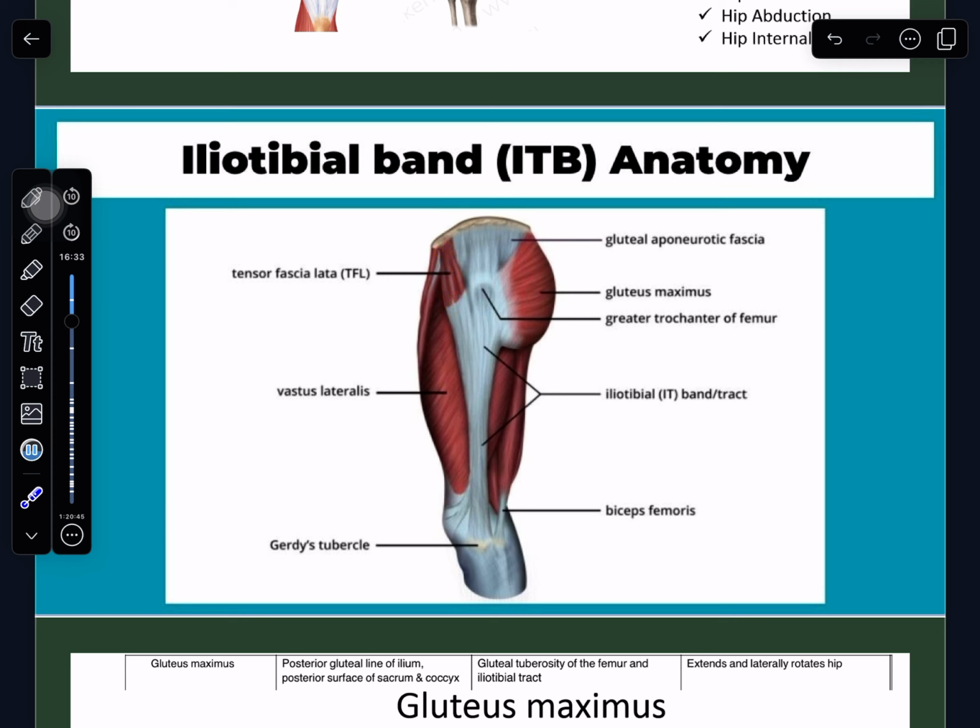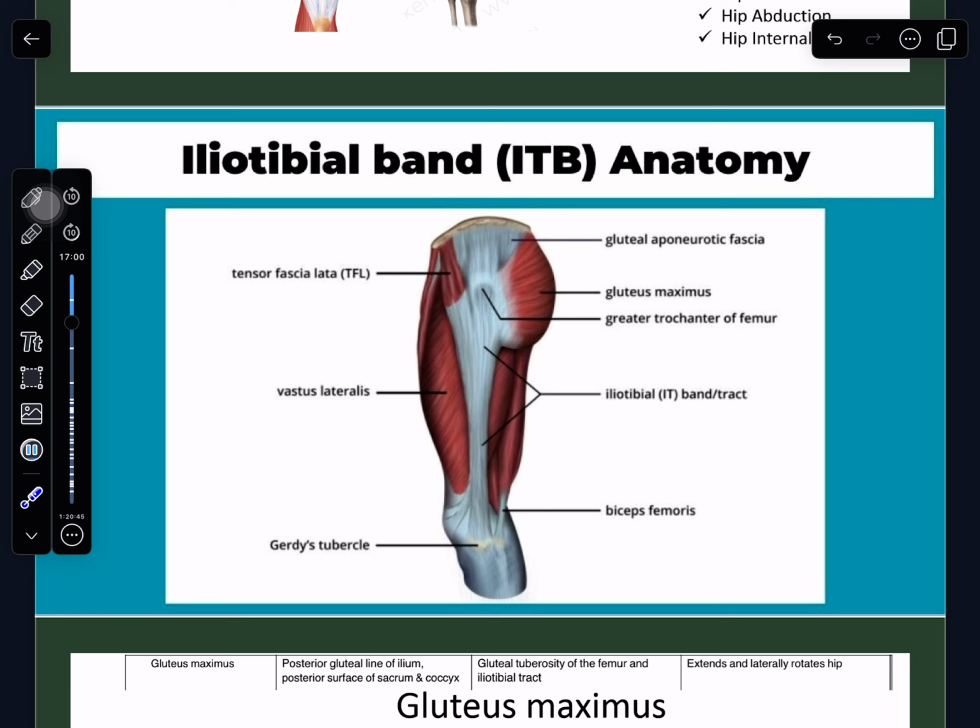It kind of is still an extension of that tensor fasciae latae, and that entire band of tissue allows you to better see how much femoral movement that muscle can actually have control over. That small little piece of muscle has quite a bit of control over the leg, the entire femur, the entire leg in general. And that is due to the expansive length of our IT band.